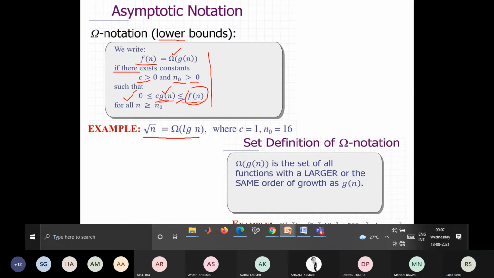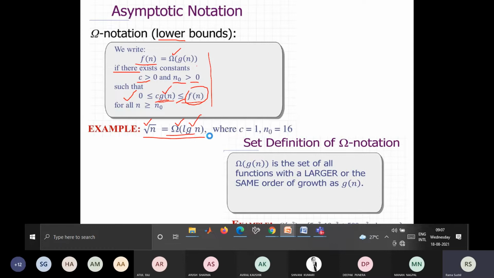So if you look at what square root of n can be represented as in terms of omega, you will find it is omega of log n. This particular thing actually needs the values of a log n table, but here you can just accept it and memorize some standard functions and their relativity.